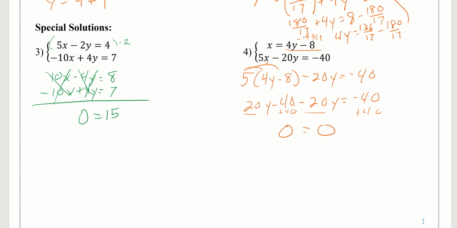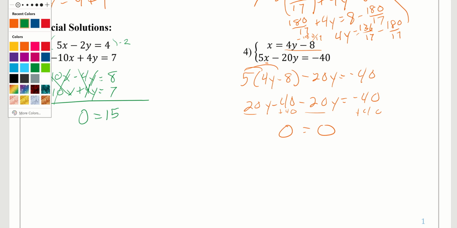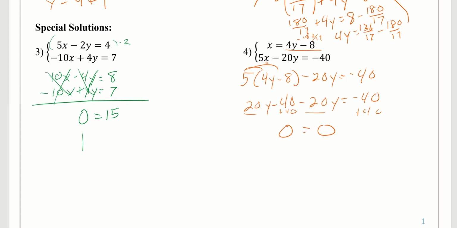So if you notice, with both of these, number 3 and number 4, both of the variables disappeared, right? But the answers look a little bit different. The green one has two numbers that aren't equal, and then the orange one comes out to be 0 equals 0. Okay, and so on this one, this special solution, this would be no solution.